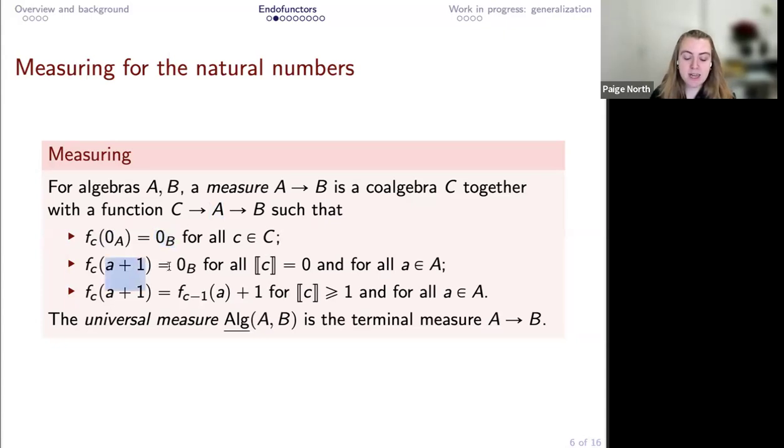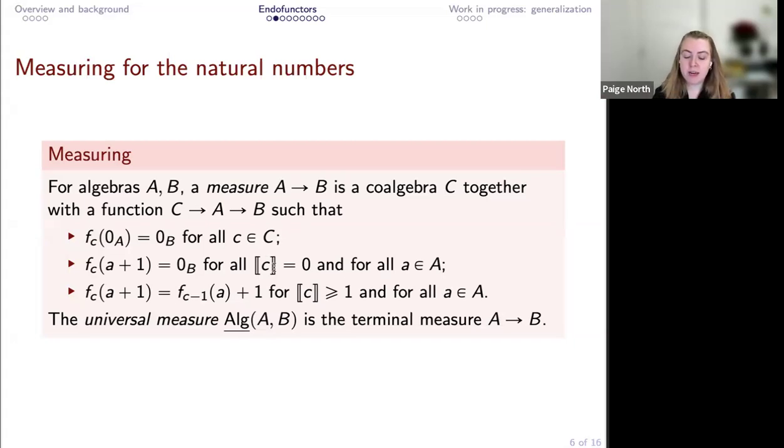We want to send the successor of anything in A to 0 in a particular case. Again, this is some notation. We're in the example of the natural numbers, so I'm looking at an arbitrary coalgebra C, but I know what the terminal one is. It's this N infinity. There's a universal coalgebra map from C to N infinity, in particular a function.